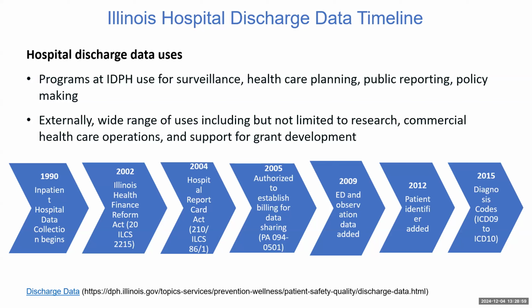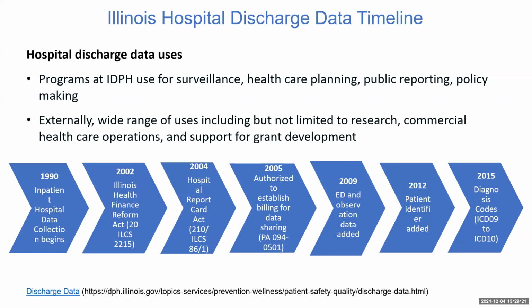So in 2012, we were able to access patient identifiers. That's really helpful for readmissions and things like that, as well as creating unique identifiers to go through multiple years worth of data.